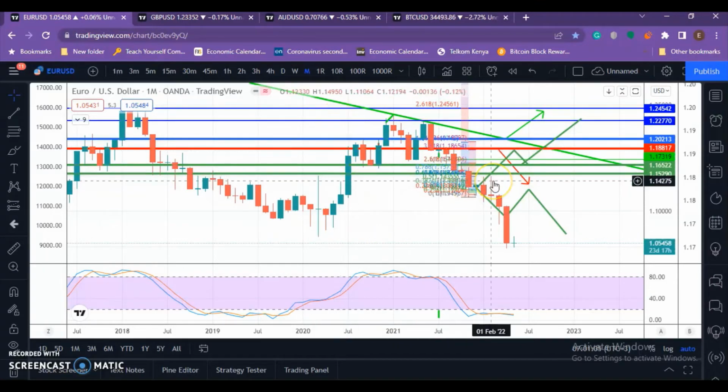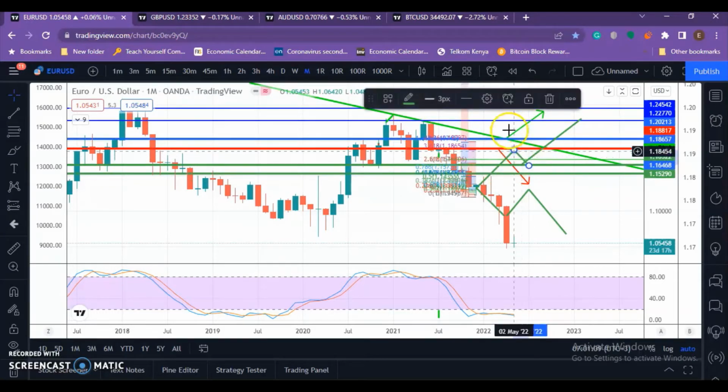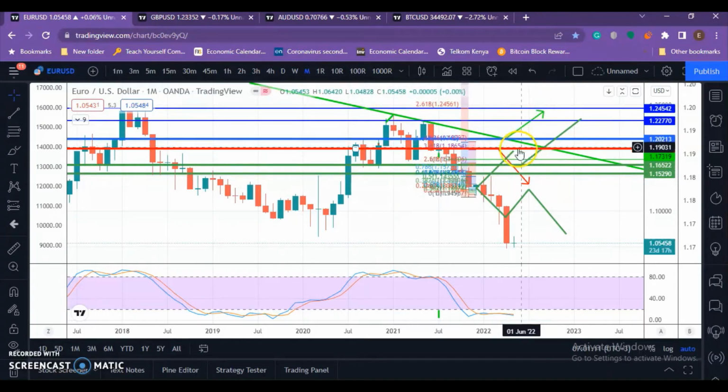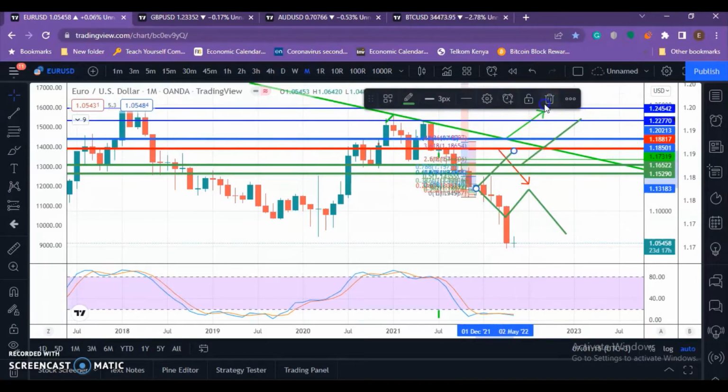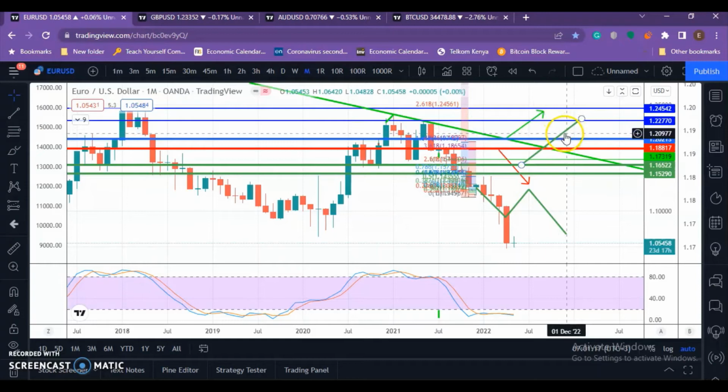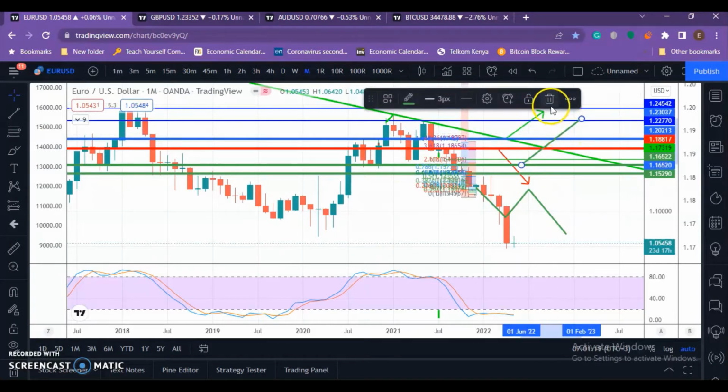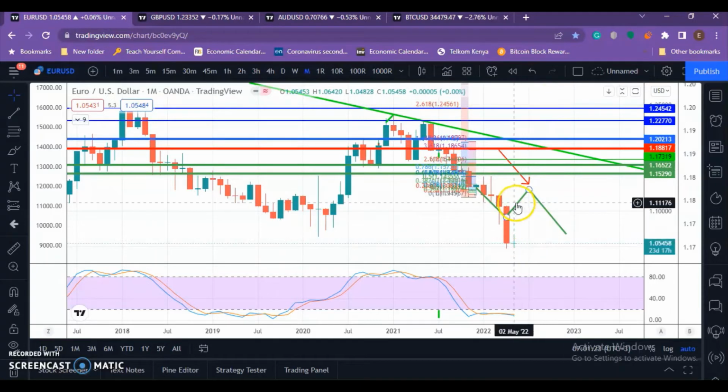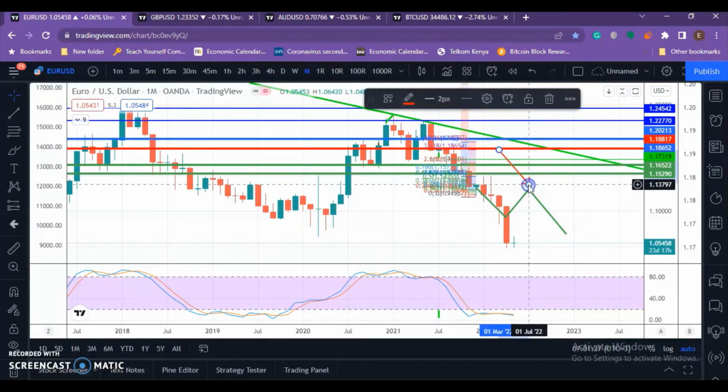So let me remove these arrows and make my mark. This is what was expected in the markets back then. I remember I shared with you, but now it took this route right over here.